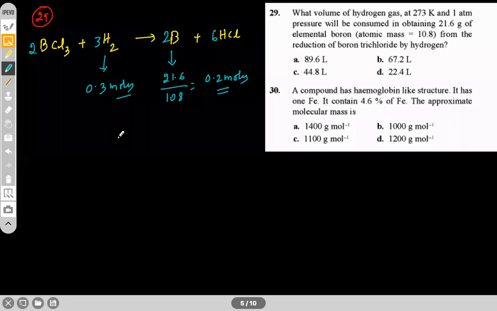Right. So 0.3 mole is equivalent to 0.3 into 22.4 liter, which is equal to 67.